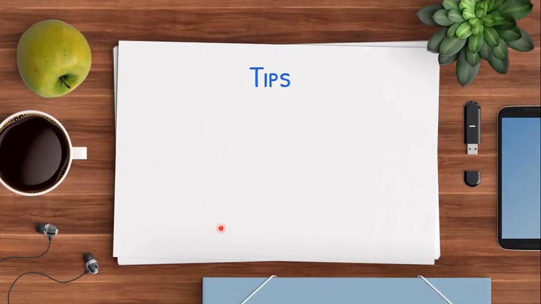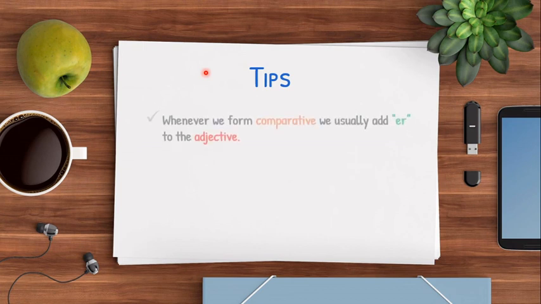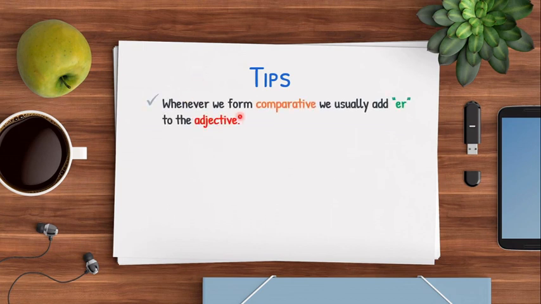Tips. So I have some tips over here for you. So whenever we form comparatives, we usually add er to the adjective. Remember, as you can see, we are using colors to identify easier what we're doing.